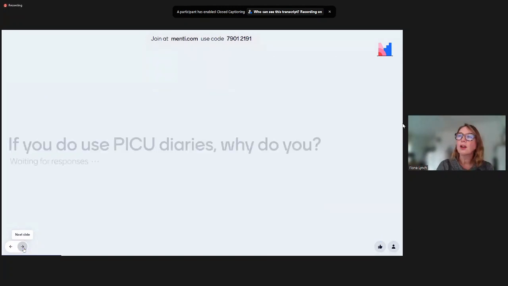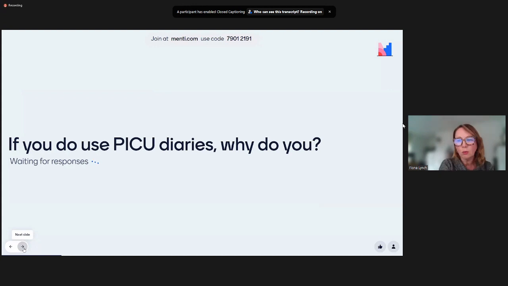So for those of you who do use diaries, this is just a word cloud. I wonder if you could tell us why. Just some of the words you can put in, and you'll probably be able to put in more than one word, but just what are the reasons why you use diaries on your paediatric intensive cares?